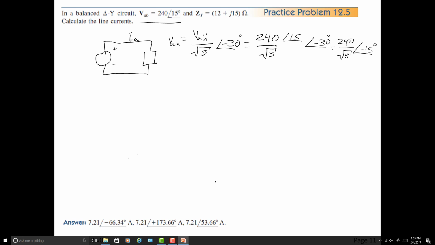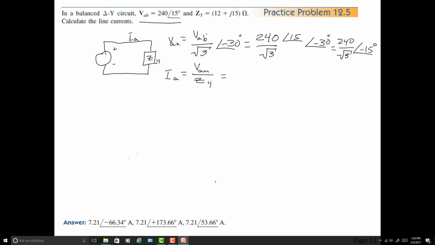So that is our phase voltage. So then IA, since we have a Y load, we were given ZY. So IA is now VAN over ZY, right?